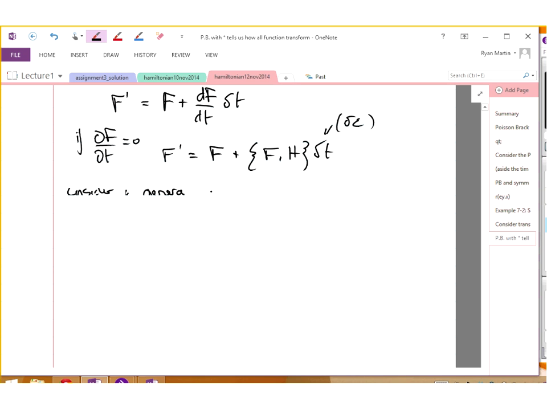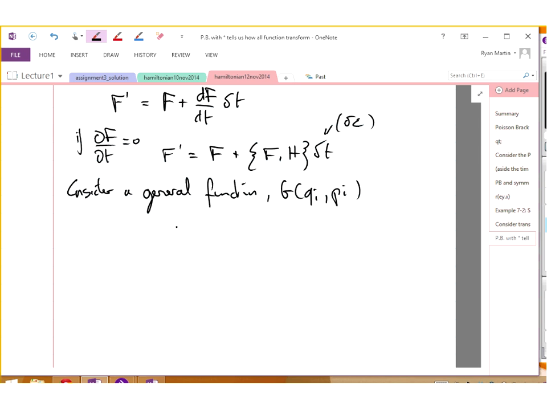So now consider a general function g, and I'm going to make it only depend on the qi's and pi's, so that I can always make this assumption about dg by dt equal to 0. So this function g is going to be what we call a generating function for a transformation.